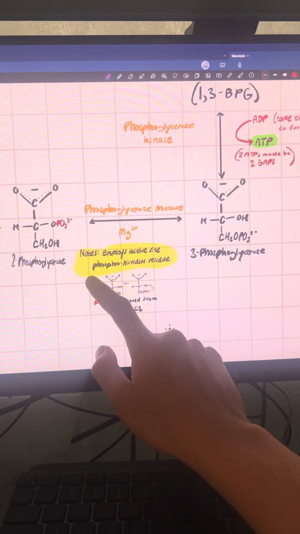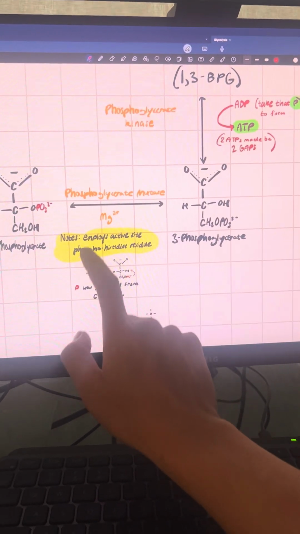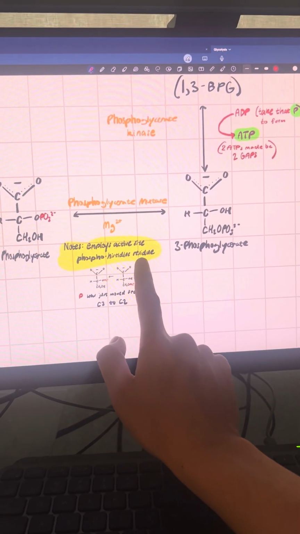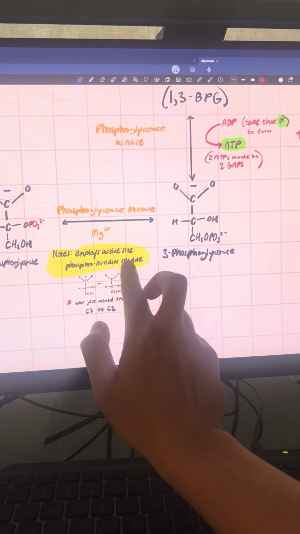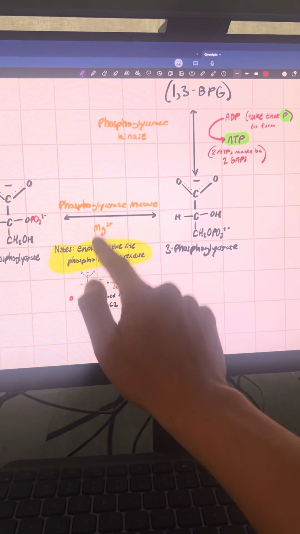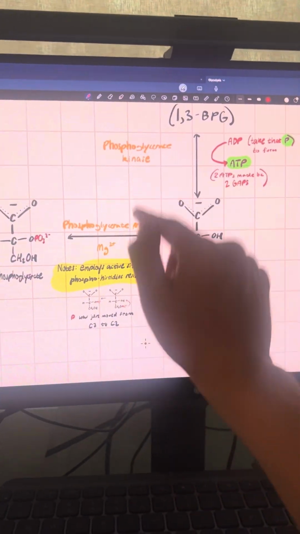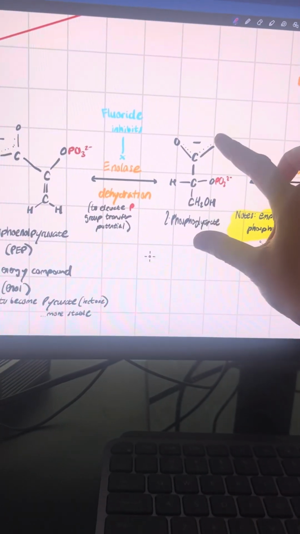Also, this enzyme employs an active site phosphohistidine residue. Just know that if you're asked what enzyme has this, it's phosphoglycerate mutase. Okay, now we have 2-phosphoglycerate.